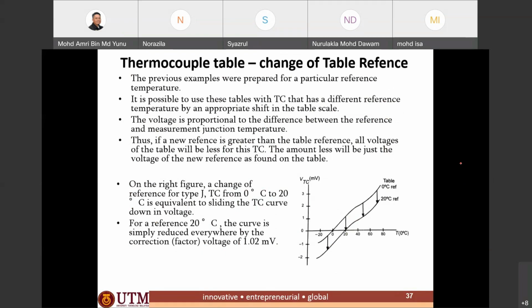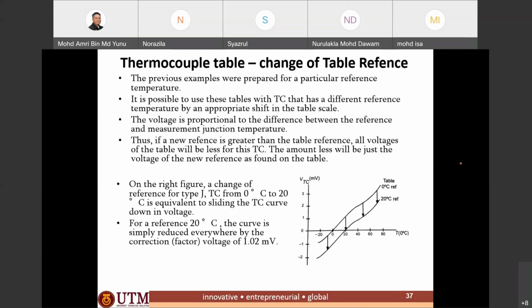There are two possibilities: the reference junction could be less or more than 0 degrees Celsius.